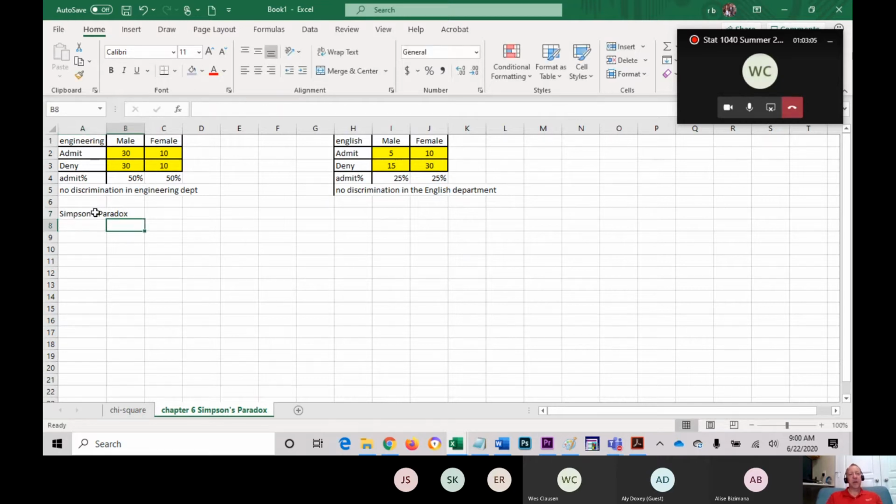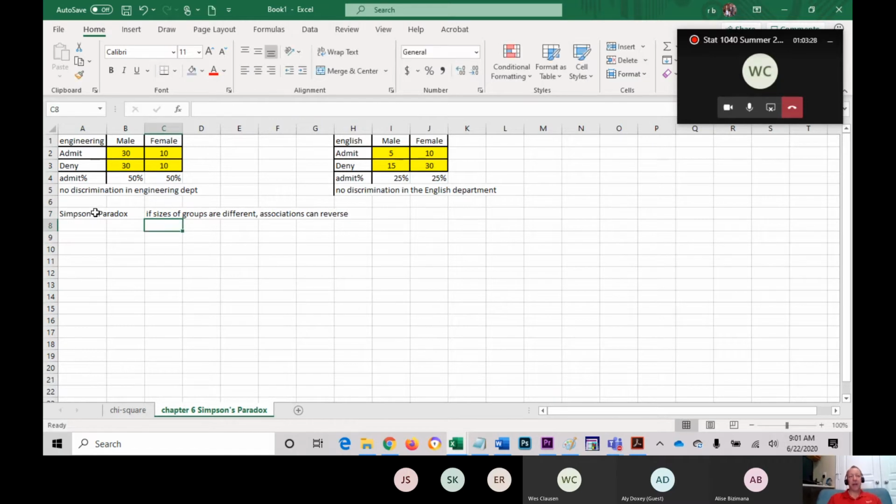Simpson's Paradox states that if the sizes of the groups are different, associations can actually reverse.